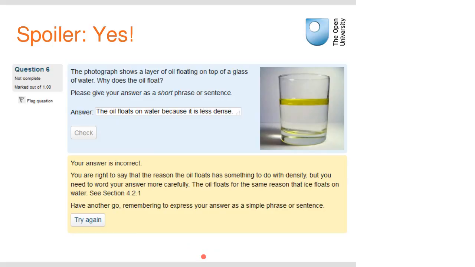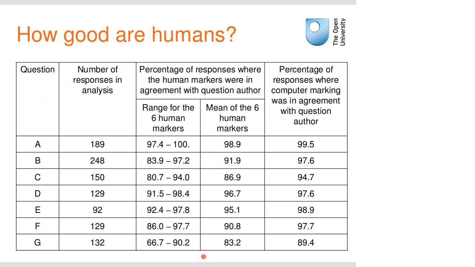So, the first interesting thing this research found is, when you say, can computers do this, what's your baseline? The first thing they did in the research was get a bunch of these short answer questions and a bunch of answers that students had given in various places, like in written assignments. And they got 6 different human OU tutors to grade all the answers using the mark scheme.